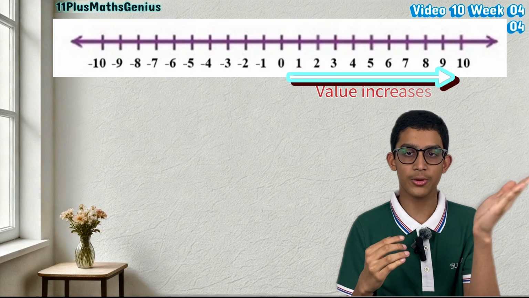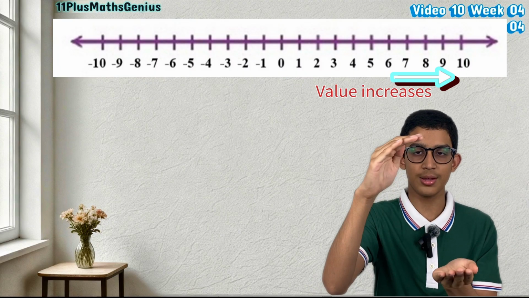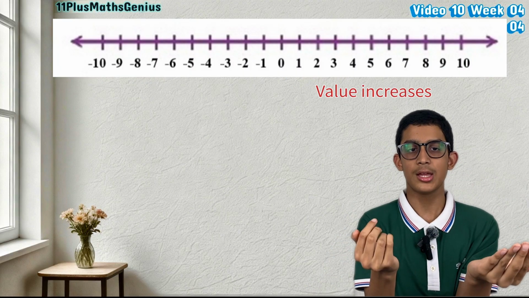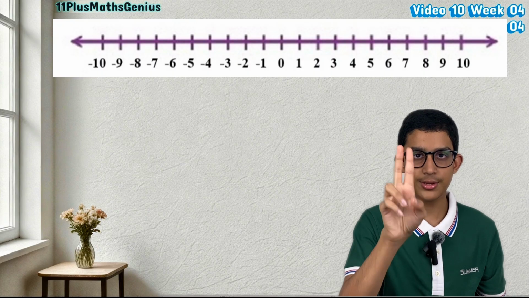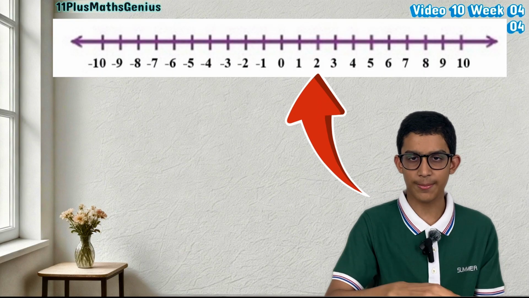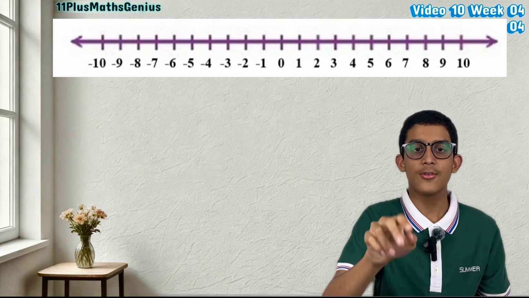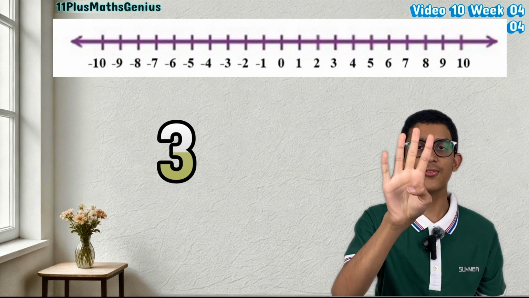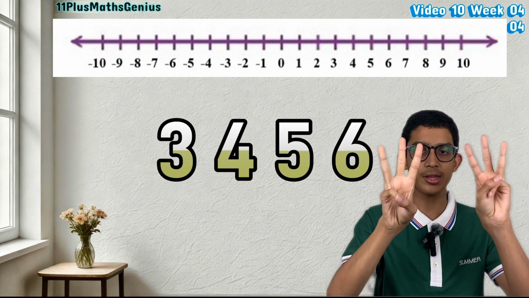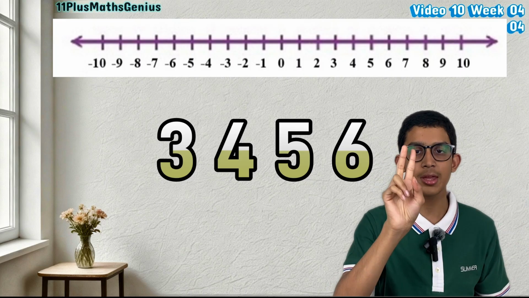Arranging negative numbers. On a number line, the further we move to the right, the larger the number we will obtain. So, if we move from 2 to the right, all numbers on its right will be bigger than 2. For example, 3, 4, 5, and 6 are all bigger numbers than 2.